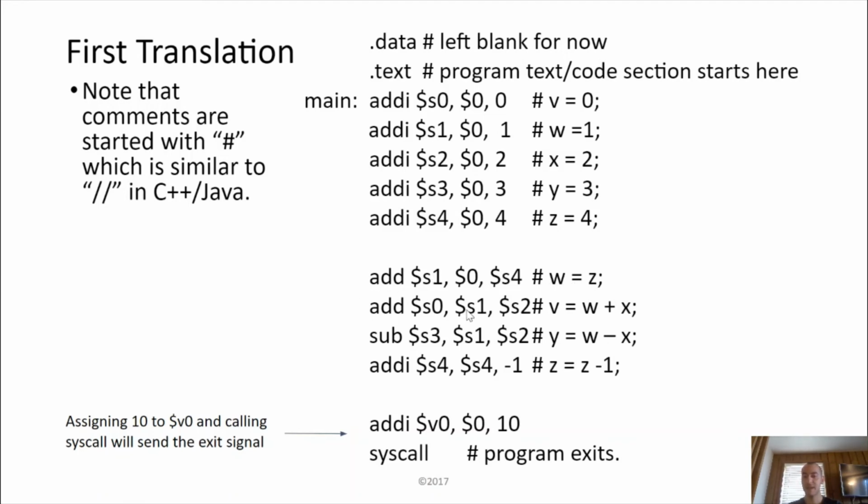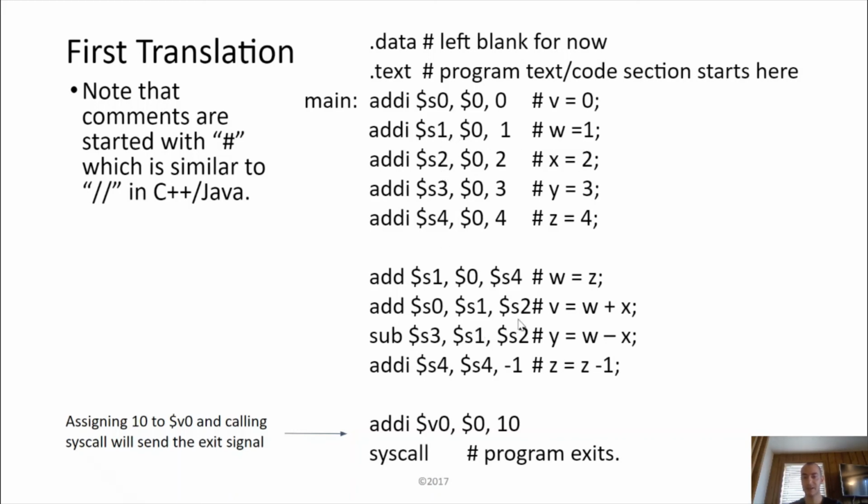And then for the next one, where we are adding W and X, we simply put the two registers that contain these values. W is S1 here, and X is S2.